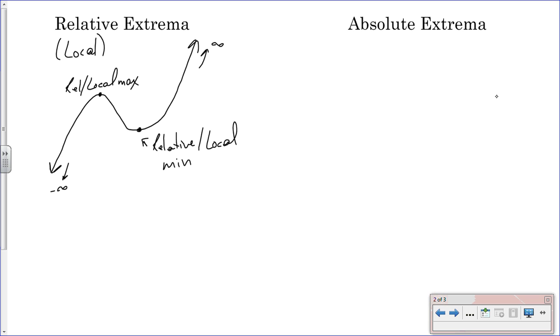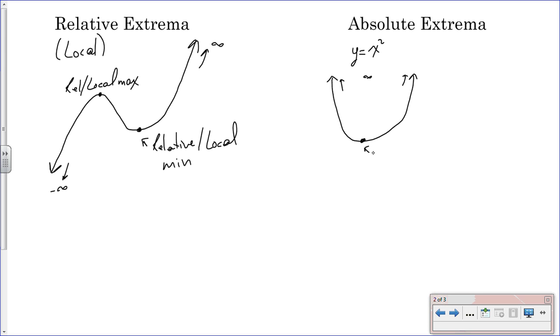Now, absolute maxes and mins. Say you have the graph y equals x squared. Well, that's a parabola that opens up, right? So we know that both ends on this side go to positive infinity, which means that our vertex down here is going to be the lowest it's ever going to go.